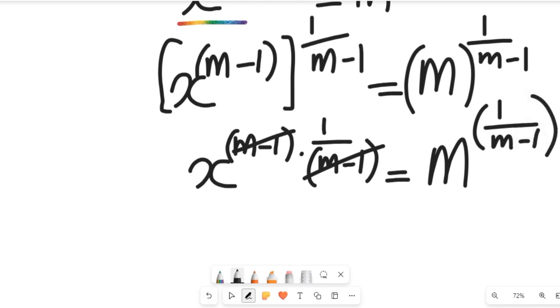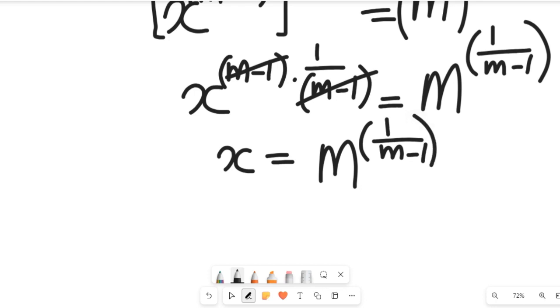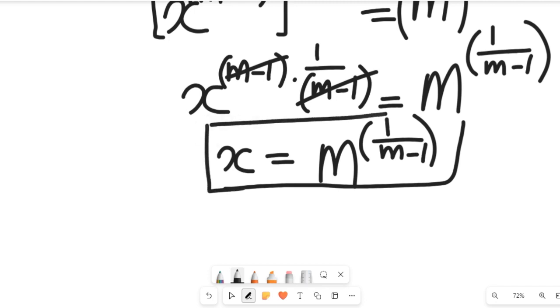And the value of x finally will be equal to m to the power of 1 divided by m minus 1, and that is that. So you see, we've gotten the value for x, and the value of x is equal to m to the power of 1 divided by m minus 1.